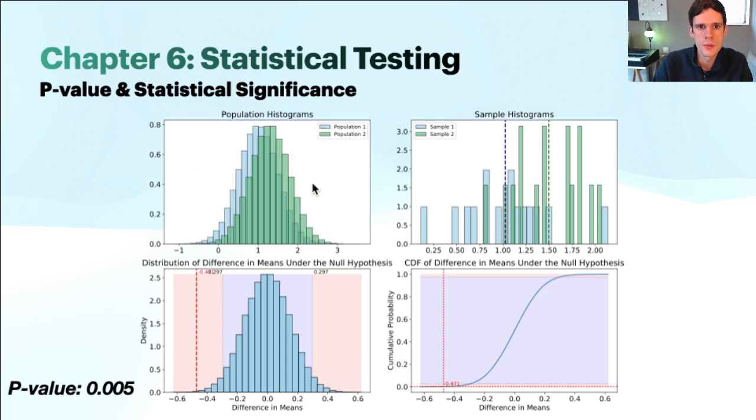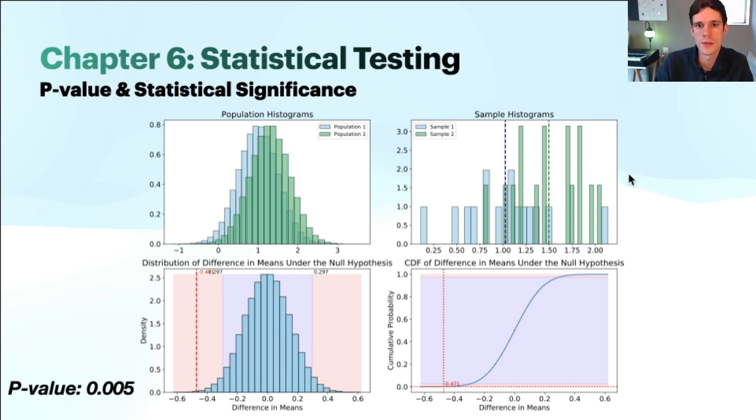So in the top left, we see the histograms of the population datasets, which of course are in practice not available to us. But from them, we can see that there is indeed a crucial difference between the means of these populations. Then on the right of that, we see the histogram of two samples, each drawn from its corresponding population.